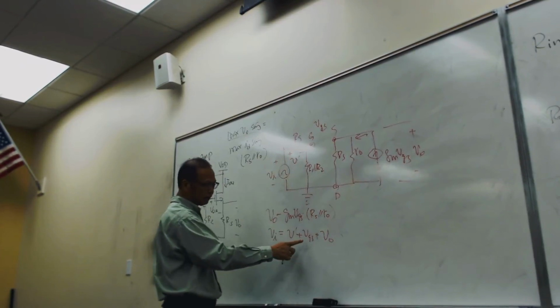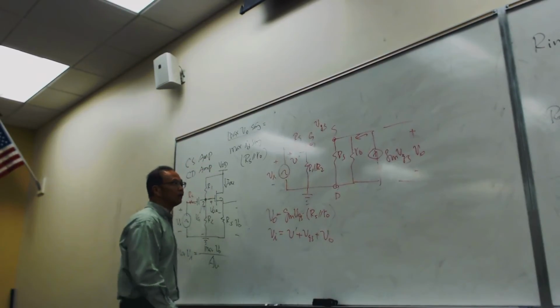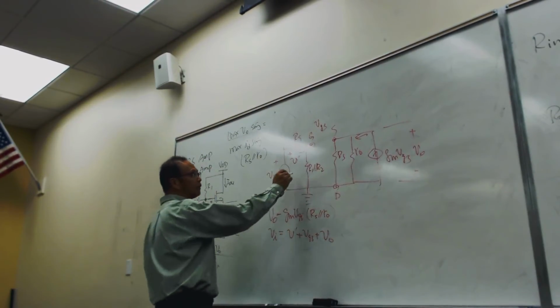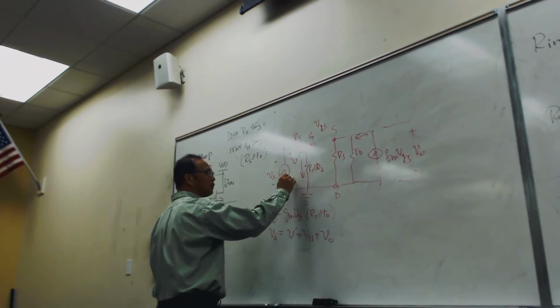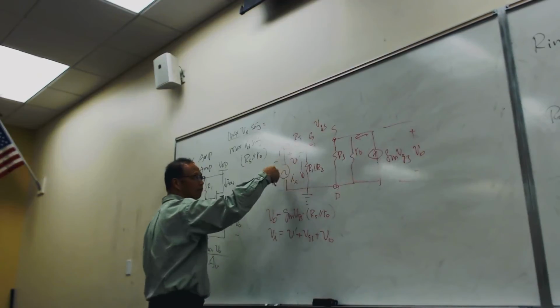It's just VGS plus V sub O. But now we have V sub prime. So what is V sub prime? There's a current, I sub I, the same current.